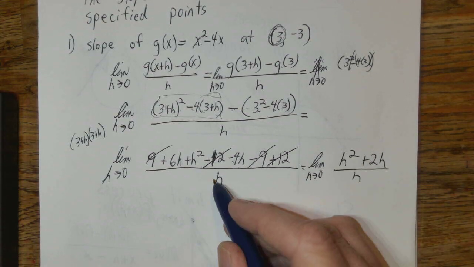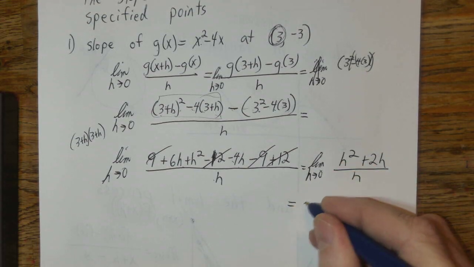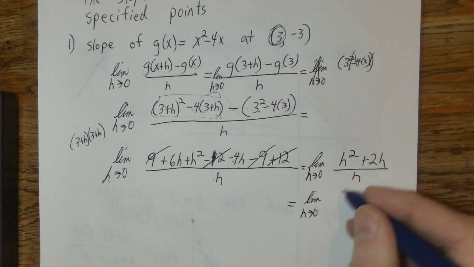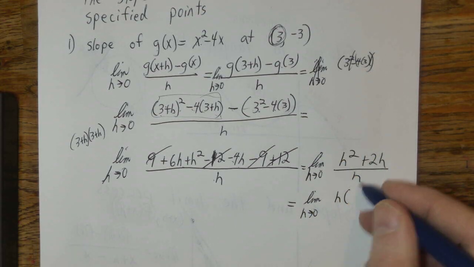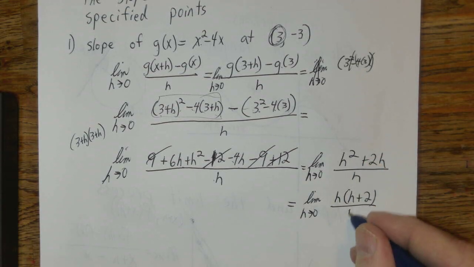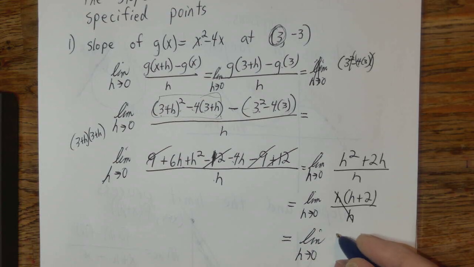And that's still over h here. It looks like we can factor a little bit. The limit as h approaches 0, if I take h times h plus 2, I have factored that, and those h's will cancel. So that is equal to the limit as h approaches 0 of h plus 2.